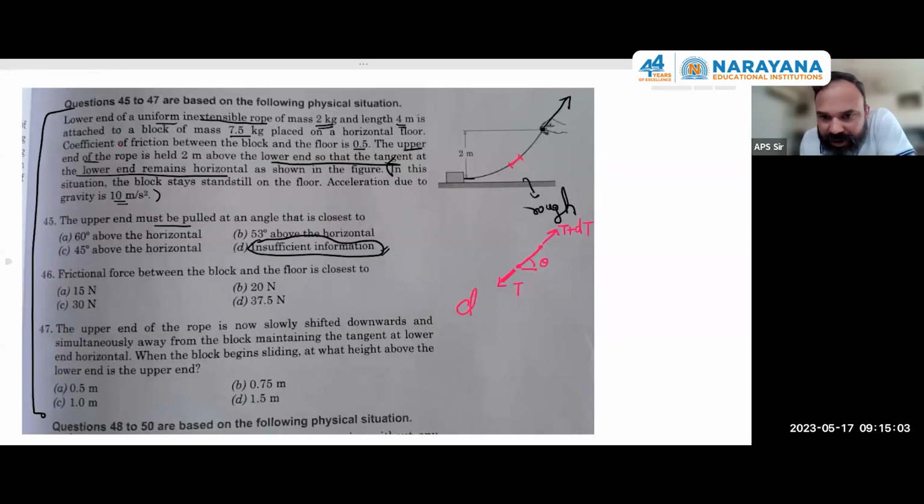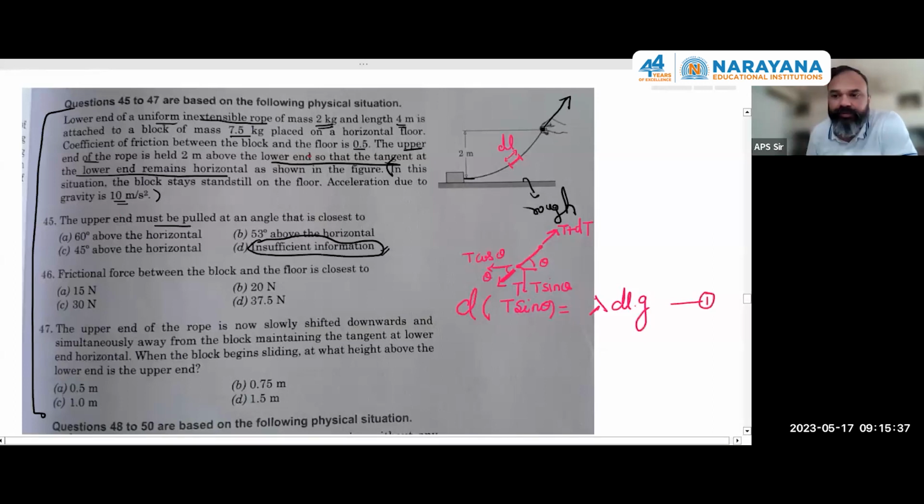So the differential change in T sin θ is basically because of the differential weight. If I take that differential length to be dl or ds or whatever, I can write the mass per unit length into that length on the curve, dl, multiplied by g. So that is my first equation.